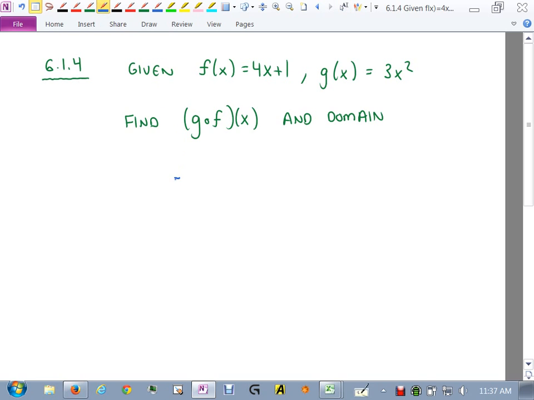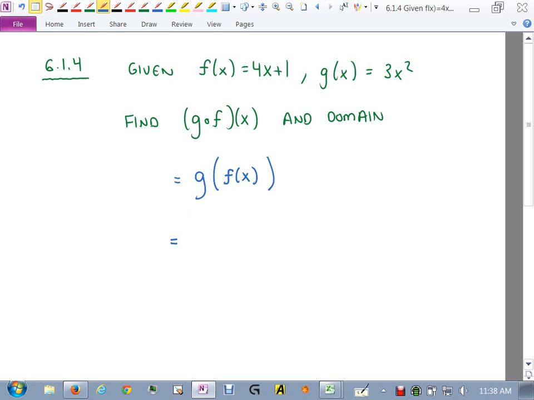I'm going to what? X is going to go into... Yes, that's what's going to happen. Let's write it out, though. I'm going to first start by rewriting what this is. By its definition, this is g on the outside. What goes into g? F of x. Okay, that's the definition of g of f of x.